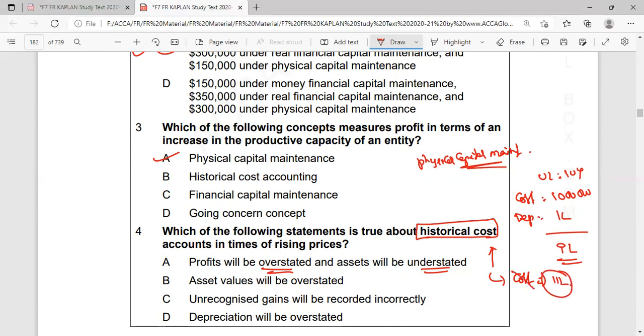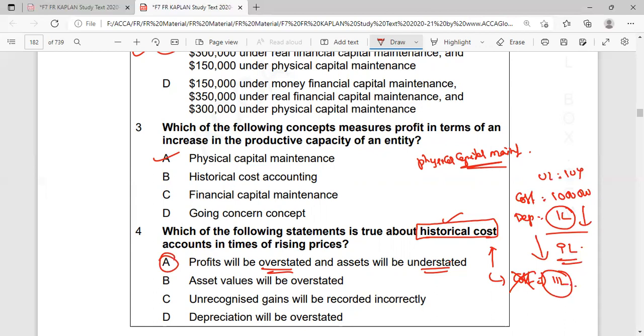But that increase in prices is not considered in historical cost. When you compare this 9 lakh with the 11 lakh, the assets are understated. If the assets are understated, the depreciation charge is reduced, and then automatically profits will be overstated.